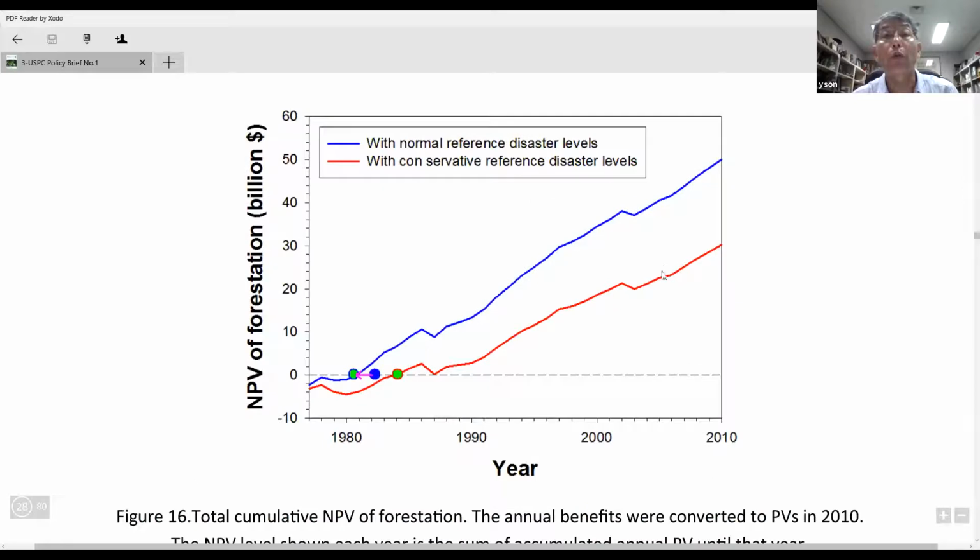But if we include the three other benefits, even with the conservative reference level, NPV would be positive. And the break-even point occurs earlier if we use the normal reference disaster level, as you see here, okay?